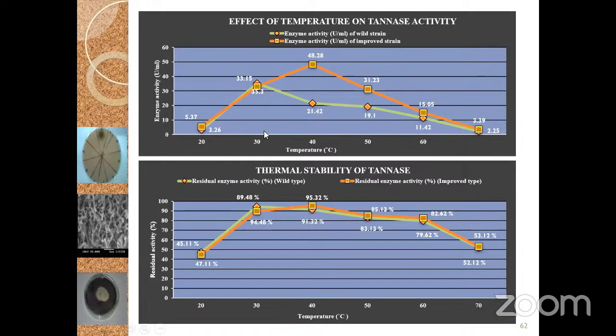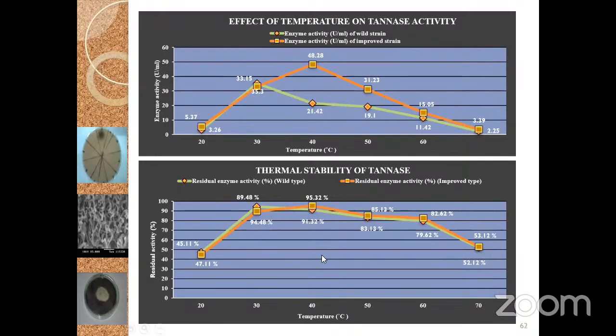This green graph shows the enzyme activity of the wild strain, and this is the enzyme activity of the improved strain, and it was observed that the enzyme activity of the improved strain was increased at a temperature of 40 degrees Celsius also.